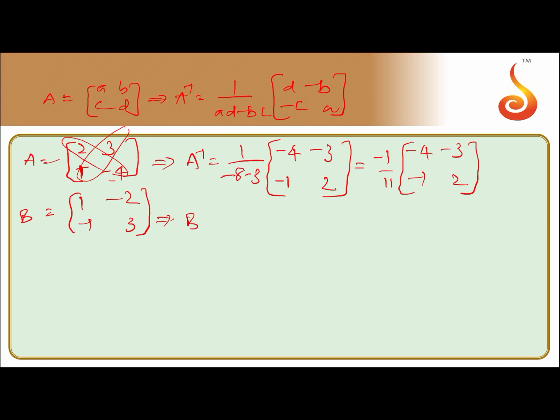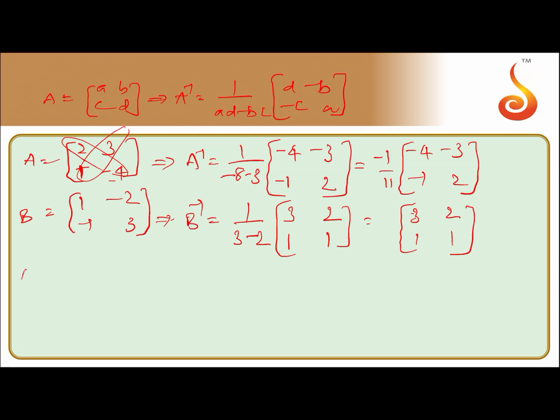Let me calculate in the same way B inverse: 1 by AD minus BC, which is 2. D, I think 3 comes here, and minus B plus 2, minus C plus 1, and A is 1. And that gives you the inverse 3, 2, 1, 1.